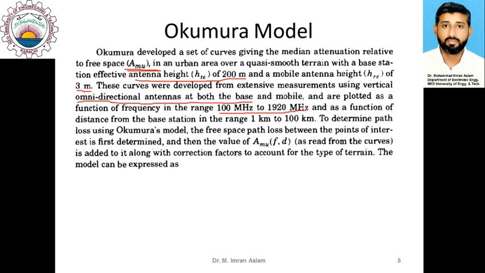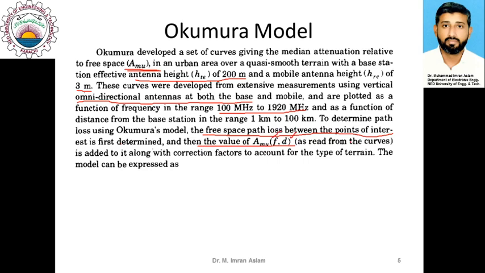So in order to determine the path loss using the Okumura model, the first thing is to calculate the free space path loss between the transmitter and receiver. Then we have to calculate this median attenuation, AMU, which is also a function of frequency and distance.